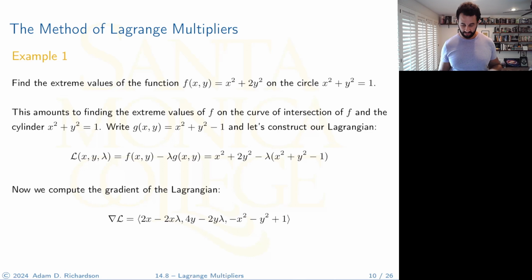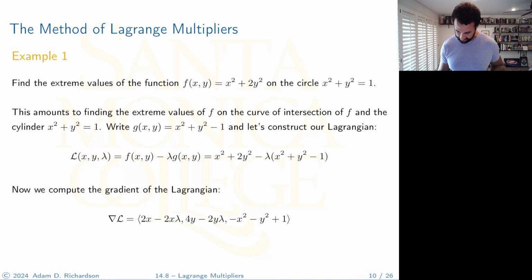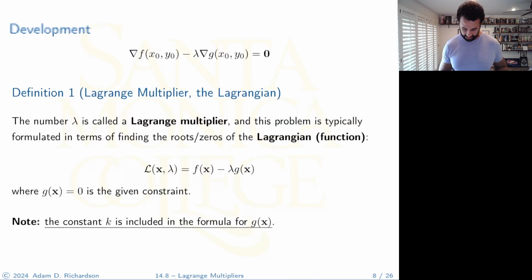So here's what we do. We encapsulate this constraint by writing g of x, y equals x squared plus y squared minus 1. So this is what I meant by the k value being wrapped up in our constraint function already.